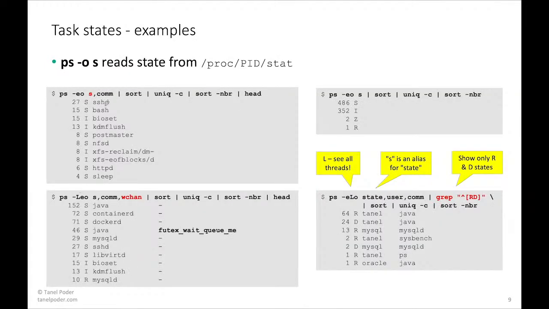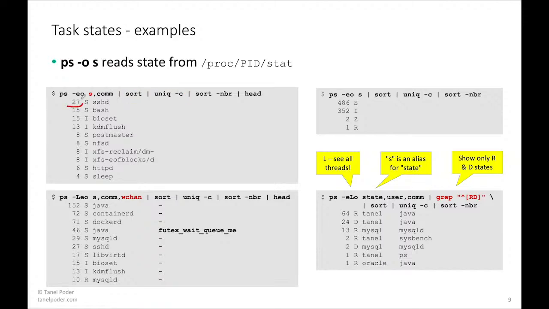And when you run ps and show the state, you can just say, okay, show me all processes in the system, but only show the state and the process command name, right? And then I don't want to see all these thousands of lines on my screen. I want to summarize it, okay? So sort | uniq -c essentially does a group by, like a GROUP BY in SQL.